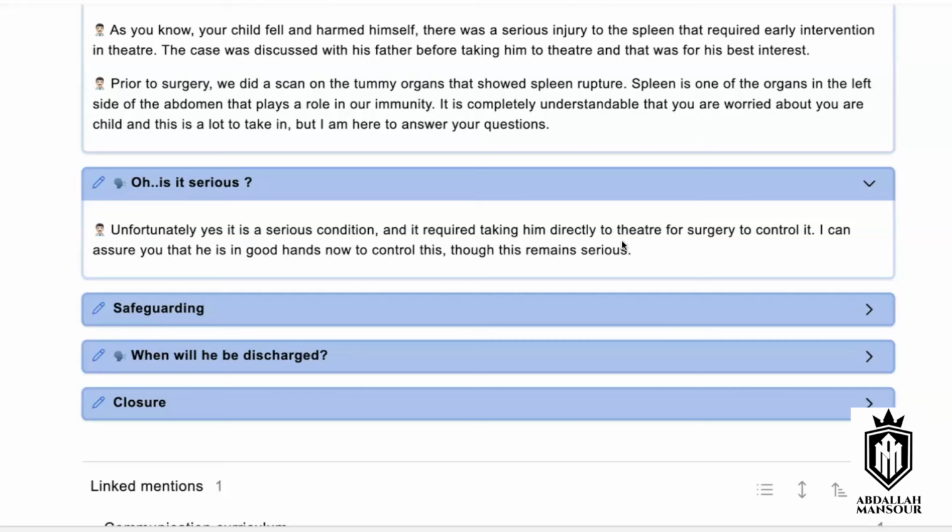Yes, that's a very good question. Like any other surgery, we do have risks and benefits. The benefit I would like to tell you first because this is an emergency surgery and I would say a life saving surgery, and we need to do it as soon as possible to control the bleeding. Like any other surgery, there are risks too that can lead to further bleeding, and infection.